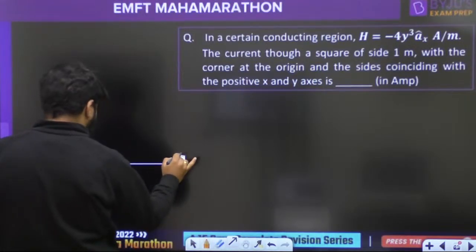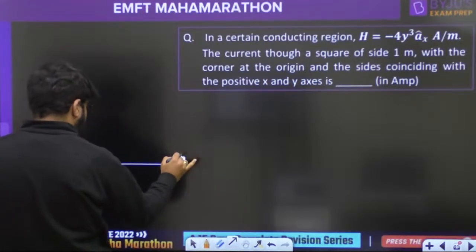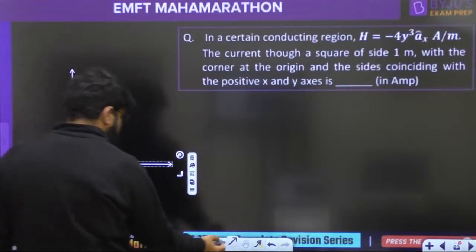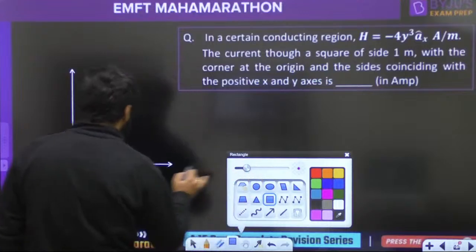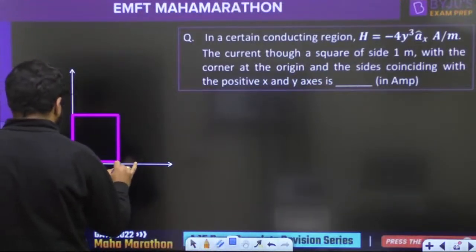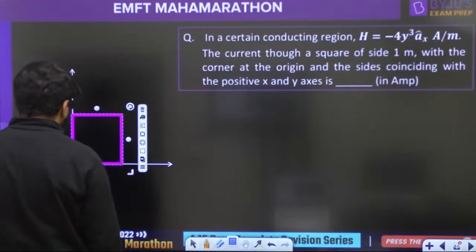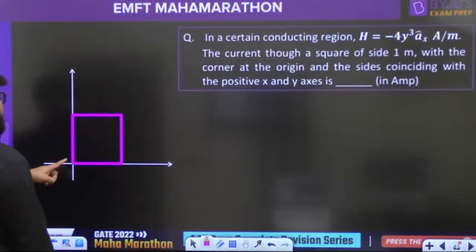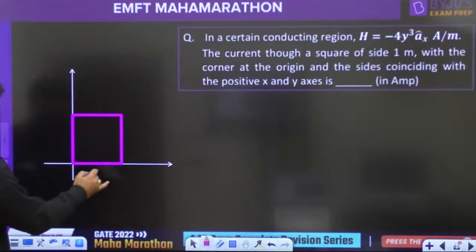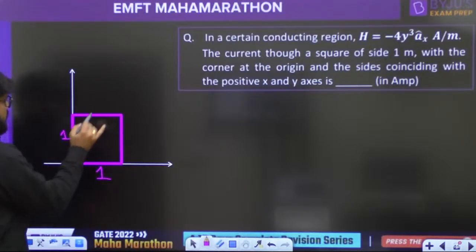We need to take up a square, something of this form, with the corner at the origin and the side of the square is 1.